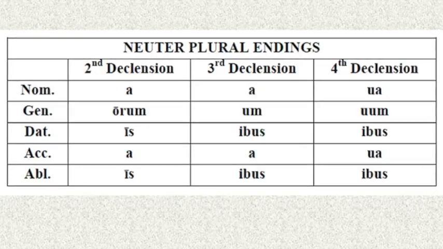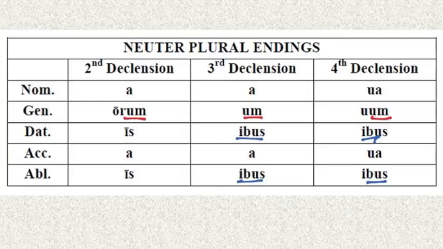Now let's look at the neuter plural endings. Once again, just take a second and see if you can find some patterns. Okay, you should see some patterns which are already familiar to you, such as the um ending in the genitive plural, or the ibus, which is found in the third and fourth declension dative and ablative plural.